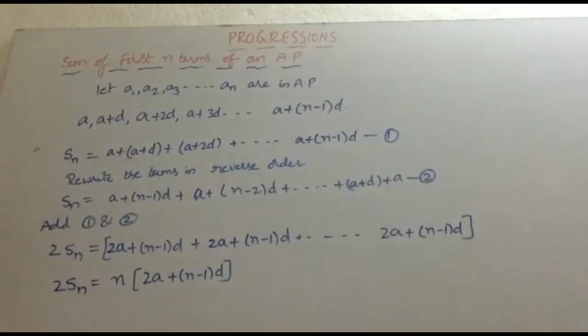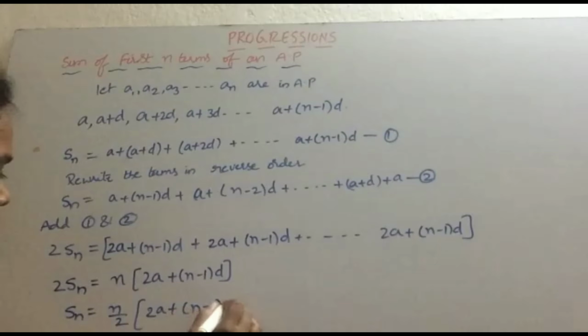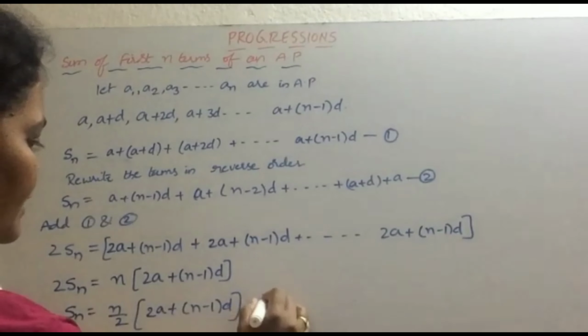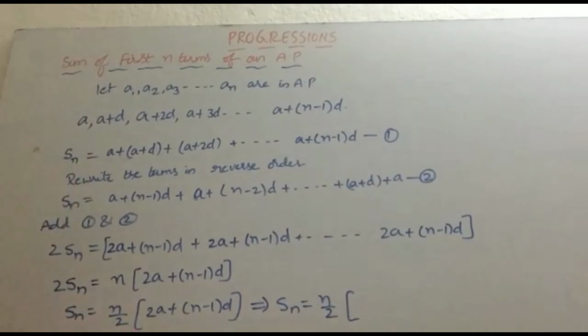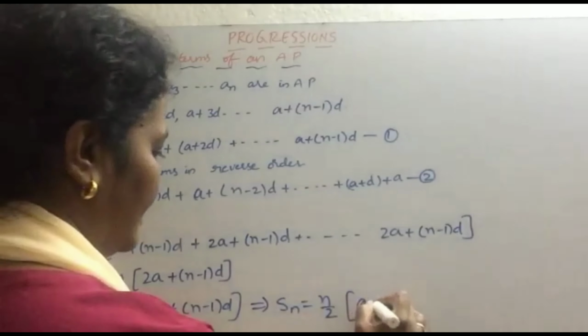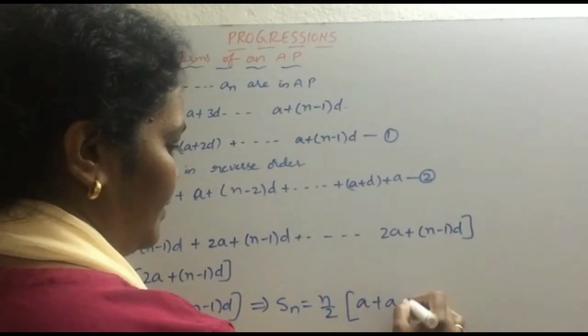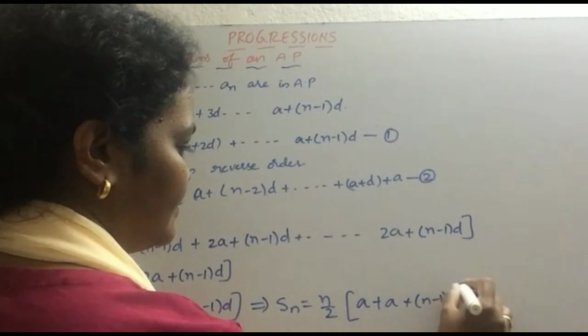So 2Sn equal to n into 2a plus n minus 1 into d. Now Sn equal to n by 2 into 2a plus n minus 1 into d. Then I will write this as Sn equal to n by 2 into, I will write 2a as a plus a, plus n minus 1 into d.